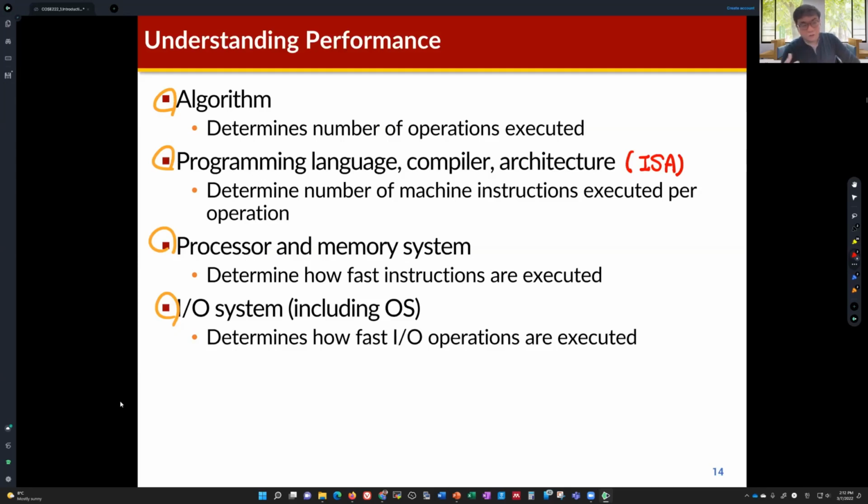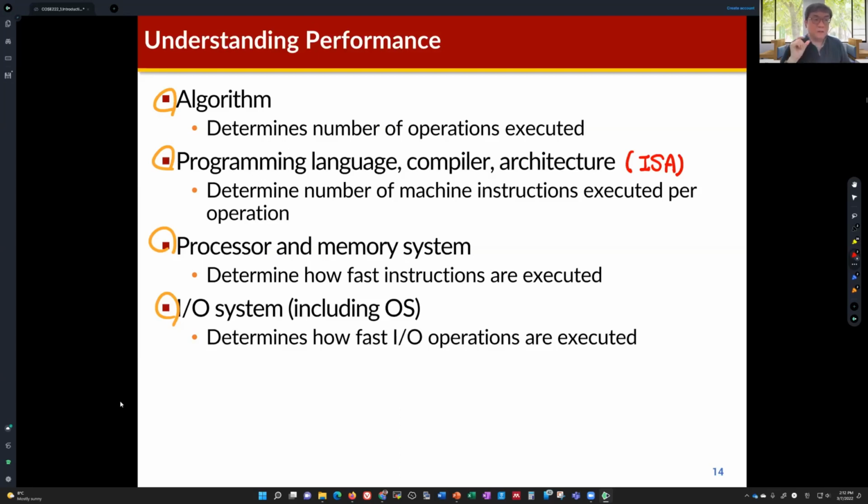You may find some graph that shows the execution time of matrix multiplication. So it's the same matrix multiplication application, and the algorithm is the same, but this same algorithm can be written in C or Python.